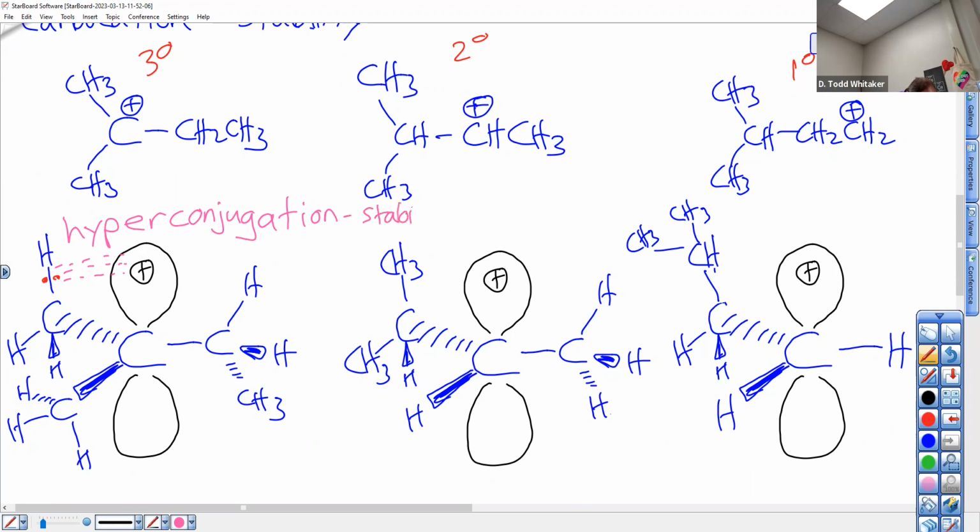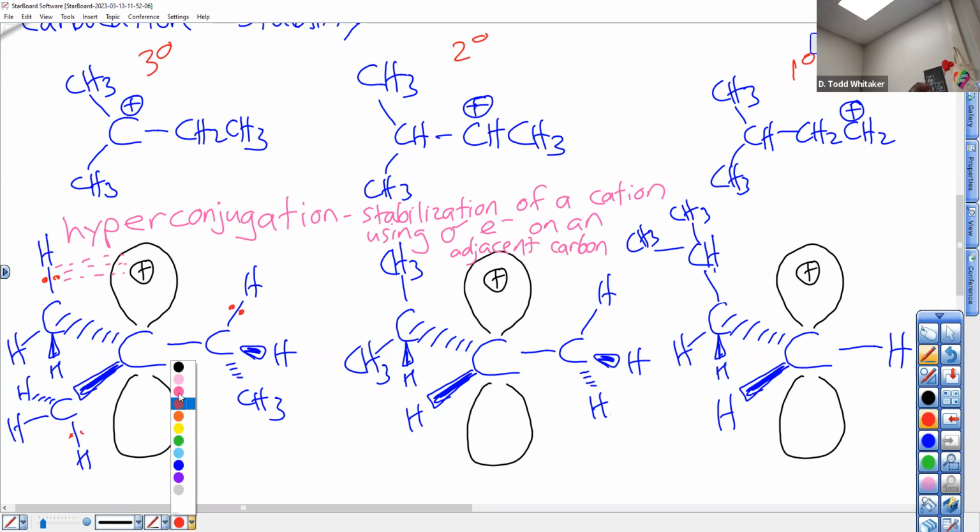Stabilization of a cation using sigma electrons on an adjacent carbon. There you go. And I can do it again down here, and again down here or up there. That's a lot of hyperconjugation.